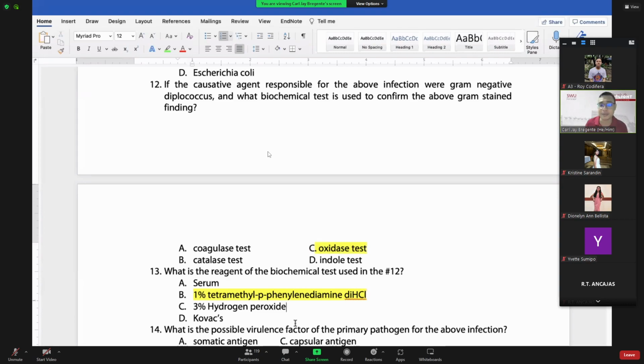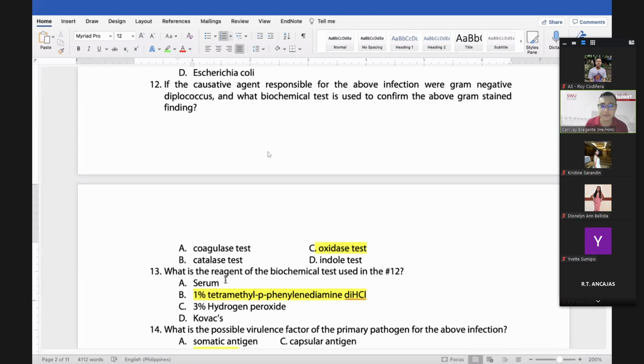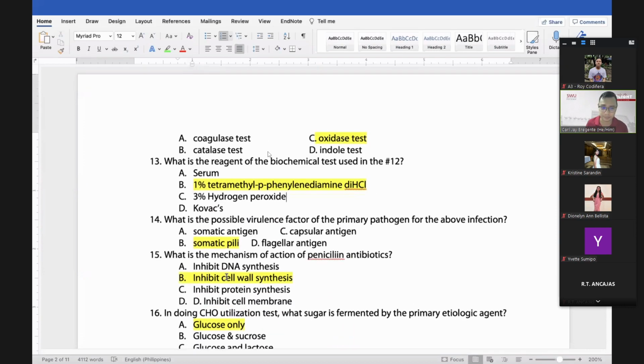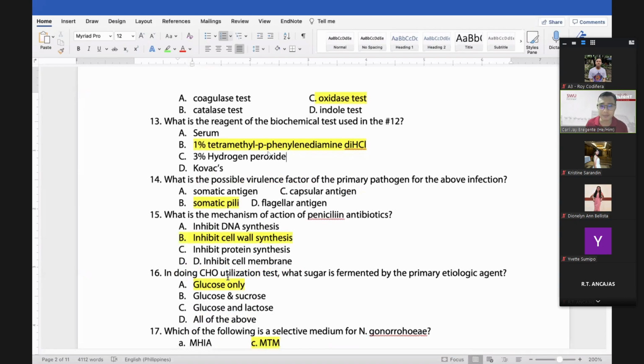Kovac's is for your indole testing. Serum is not usually used as reagent, but it's plasma for the coagulase test. Diba? Na-perform na ninyo.